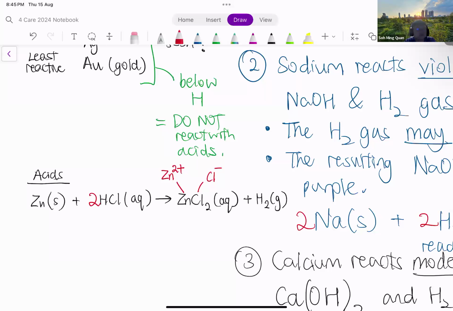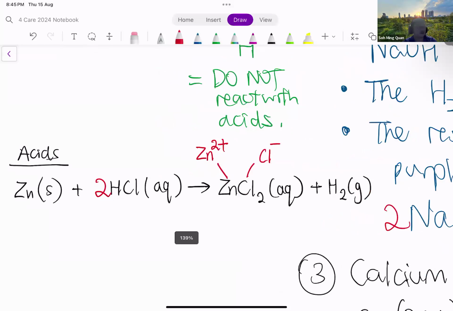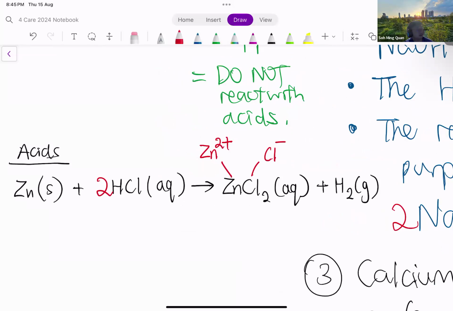All right. Looking at this equation, actually, can't we think of this in terms of a displacement reaction? If you look closely at this equation, can we say that zinc displaces hydrogen from HCl?